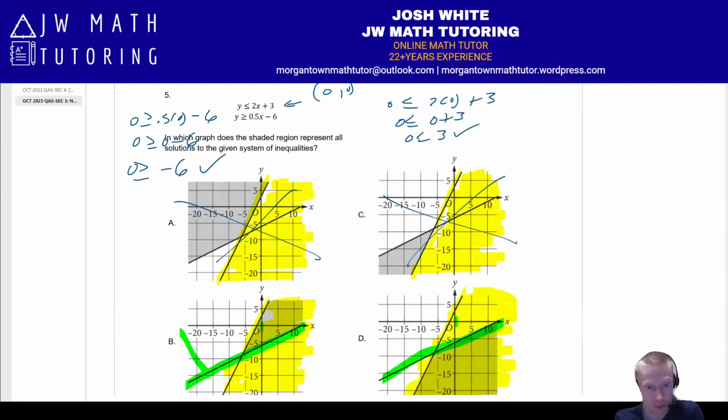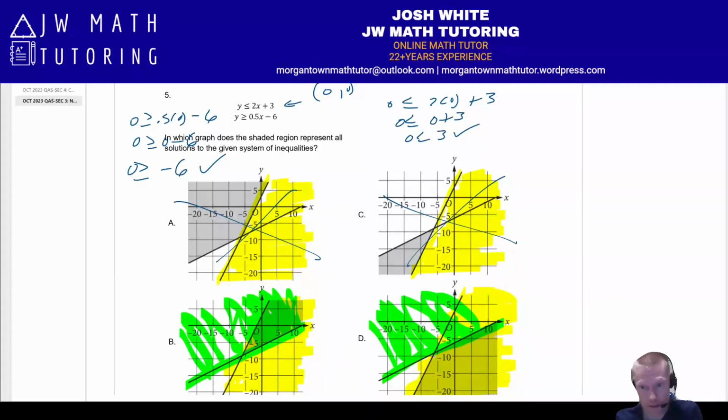So that means I'm going to shade above this line. And therefore, the overlap, where the yellow and the green overlap, it's basically this region right here, almost like a triangular region.